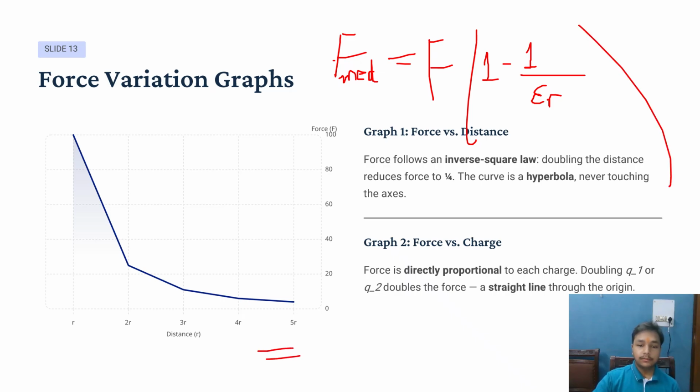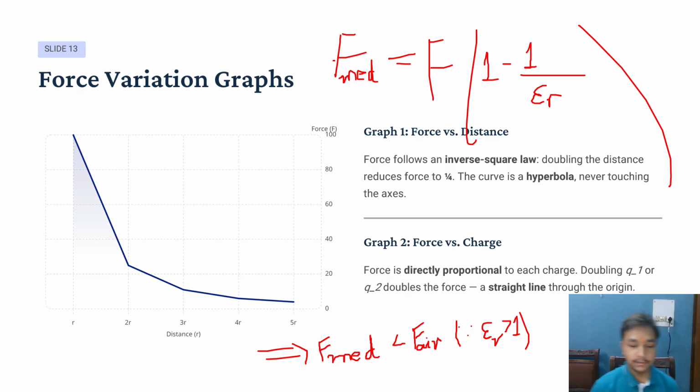This implies that force in a medium is always smaller than force in air. Okay, and why? Because epsilon r is always greater than 1. Okay, so you must keep this in mind.